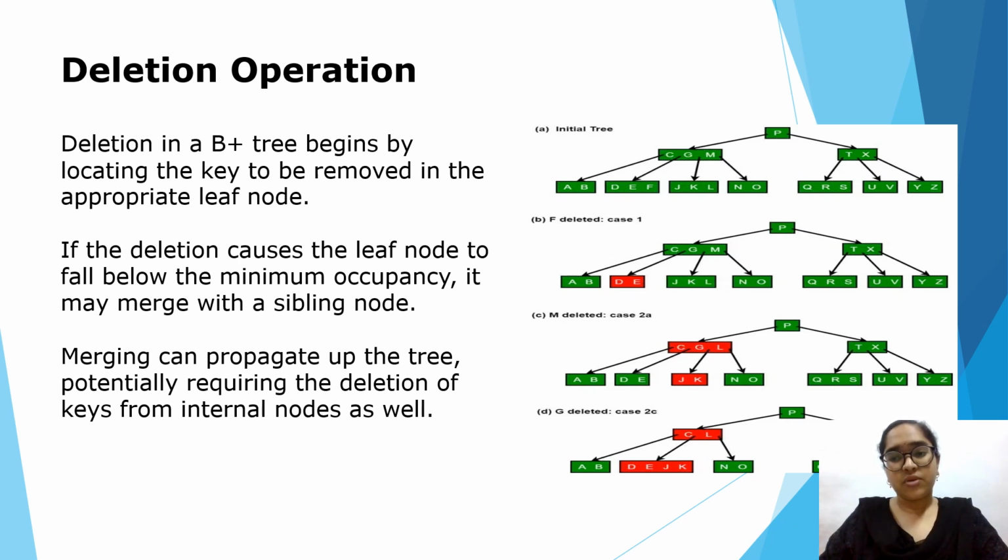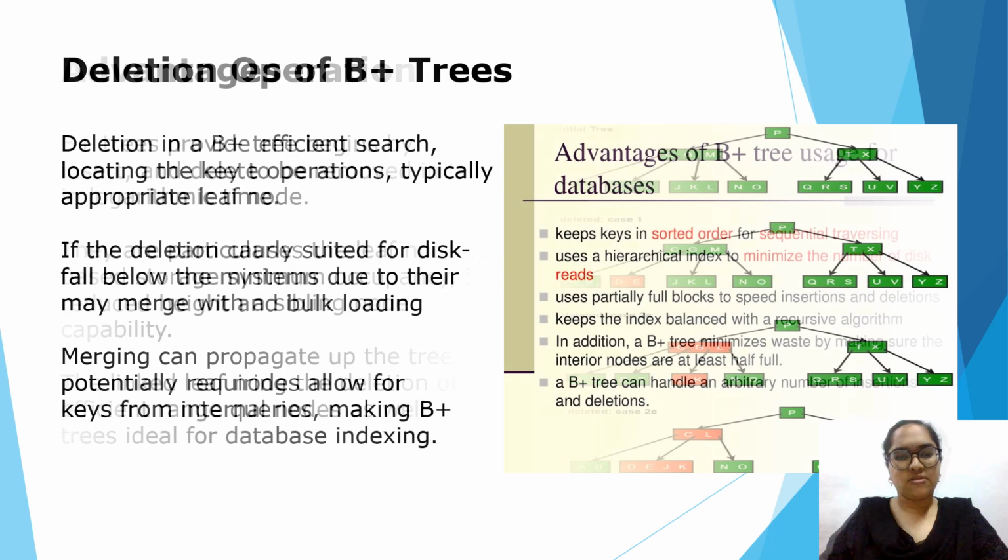The first one is, if the node from which you want to delete would fall below the minimum keys, then it would borrow elements from its neighboring siblings. And if the node has more than the minimum number of keys, then it will simply delete it. So likewise, deletion operation is also performed in B plus trees.